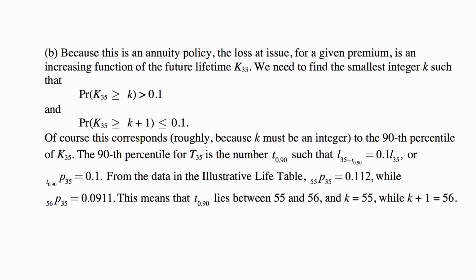The ratio of the two will be 0.112, and the ratio of the population size at age 91 to the one at 35 is 0.0911. This means that the 90th percentile lies between 55 and 56, and the curtailed lifespan then is 55, and k plus 1 is 56.